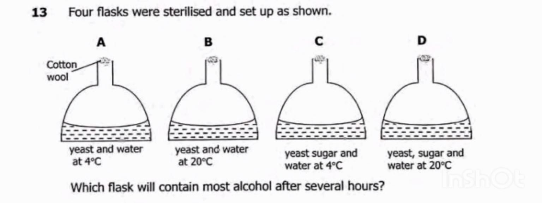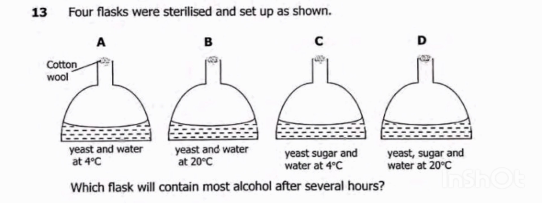So they want us to identify the flask which is going to produce the highest quantity of alcohol after several hours. Flask A has yeast and water at a temperature of 4 degrees Celsius. Flask B has yeast and water at 20 degrees Celsius.